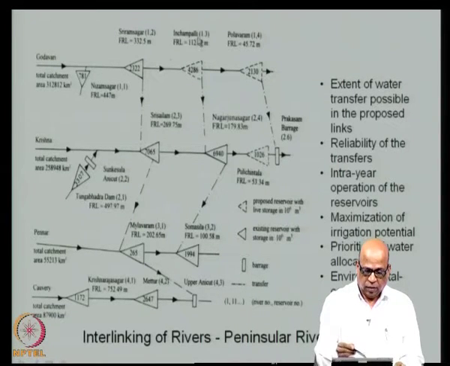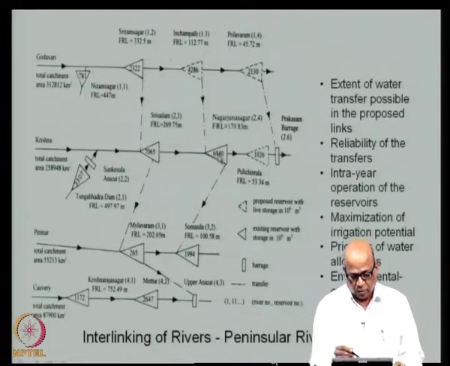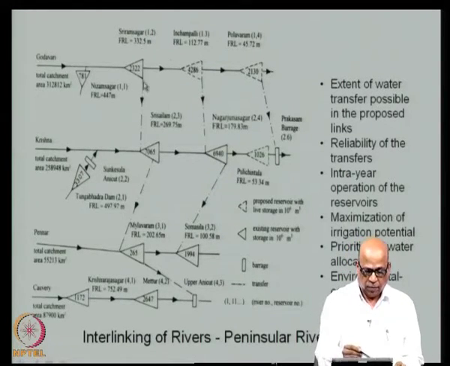For example, from Inchampalli reservoir to Nagarjuna Sagar reservoir, then from Sriram Sagar to Srishailam to Mailavaram to Upper Anicut, etc. So, these are the proposed links through which the excess water from one river can be brought down to the deficit streams.